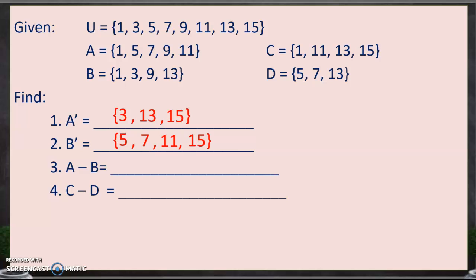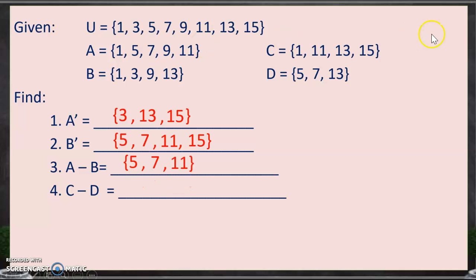Next, set A minus B. You will focus first on set A. What are the elements that are in set A but not in set B? The common elements of A and B are 1, 9. So the remaining are 5, 7, 11.